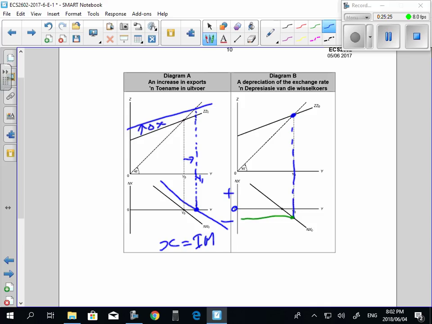Remember, you're on a trade balance when you are on the zero line. If, on the other hand, now don't draw this, I'm just showing you. If, on the other hand, they said the new point of equilibrium corresponded to a trade surplus, then you would have shifted the curve like that.